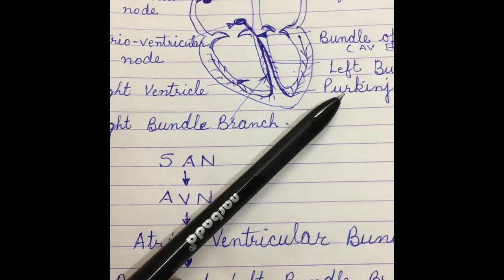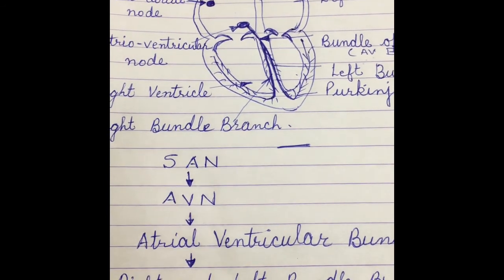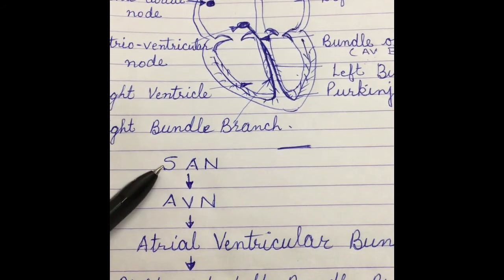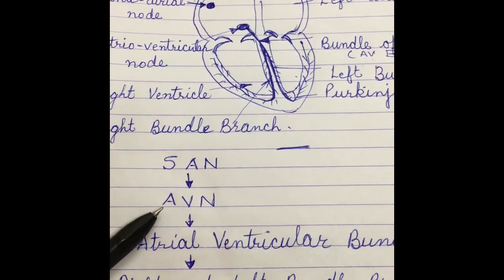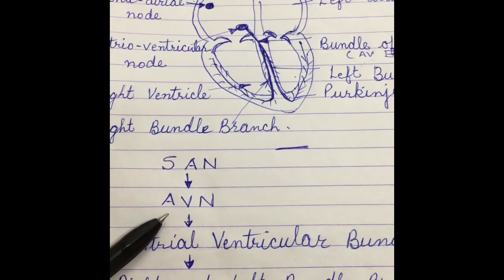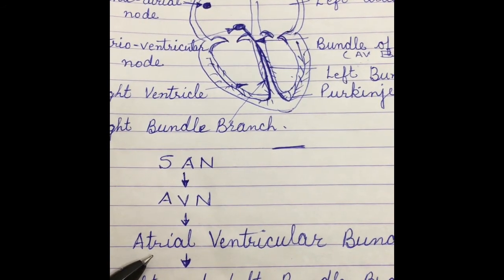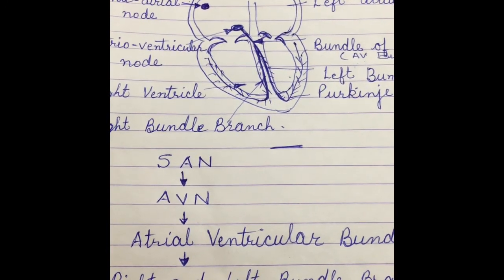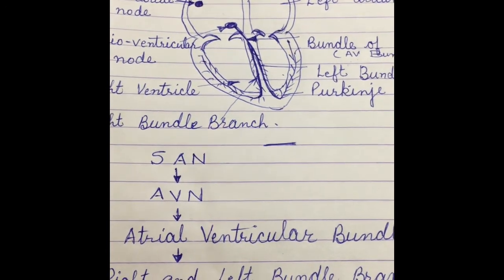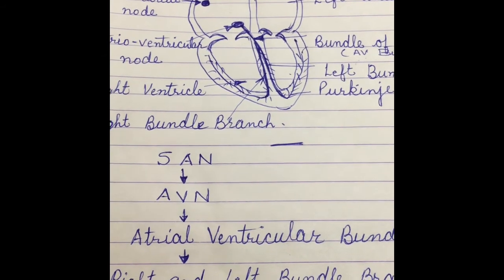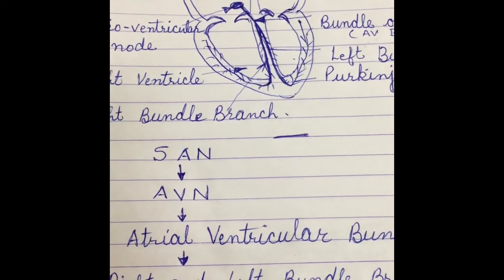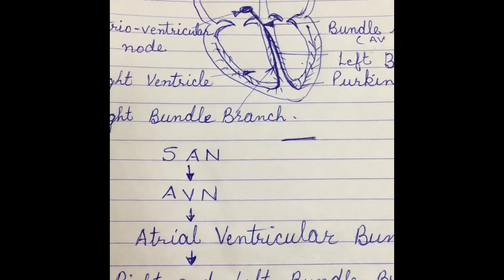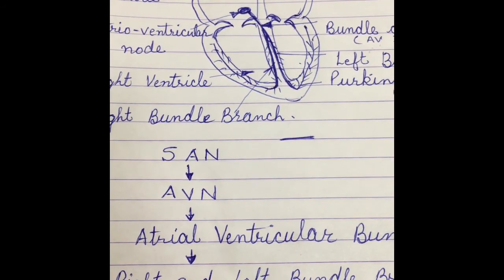These are the Purkinje fibers. So the impulse moves from the SAN, the sinoatrial node, then goes to the atrioventricular node, then to the atrioventricular bundle, then to the right and left bundle branches, and that impulse goes towards the Purkinje fibers. In this way, the impulse originates from the auricle and moves towards the ventricle.